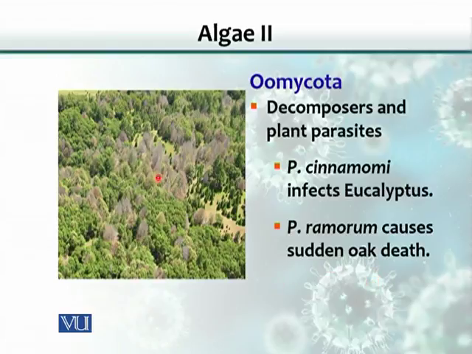As you can see here in this image, some oak trees are dry. They're not green. So basically they are infested with P. ramorum, which is an Oomycota. So they are basically saprophytes, but some are disease-causing in plants.